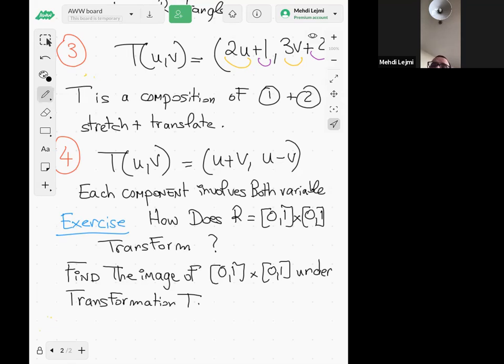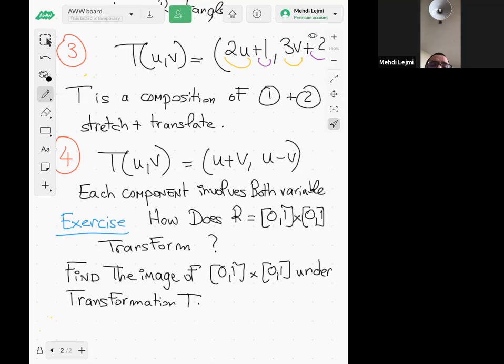Because the main idea about integrals is to compute areas or volumes, right? So we are doing these transformations because we want to see what happens to the area of our regions or the volume of our solids under some transformation T. For example, in the first example, the image of a square is also a square, and the two squares have the same area.